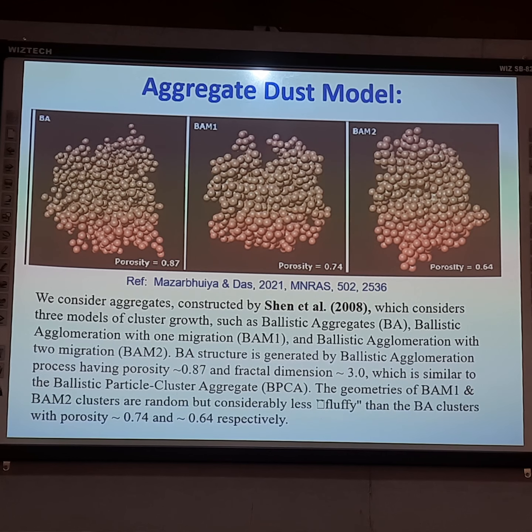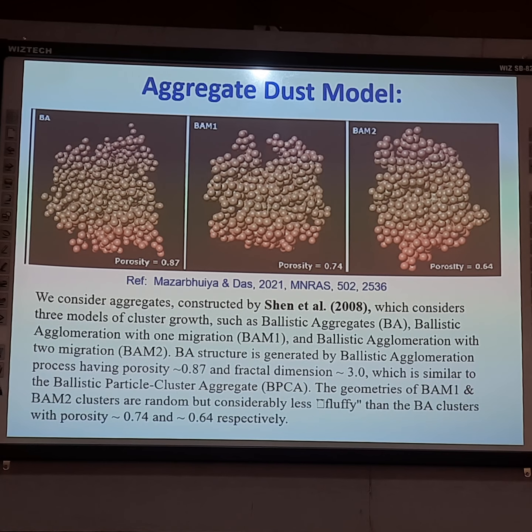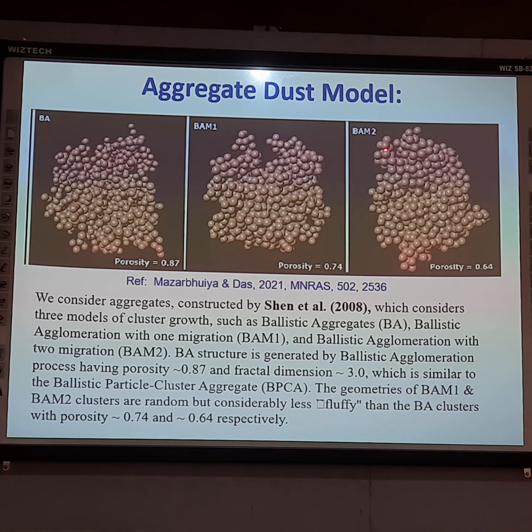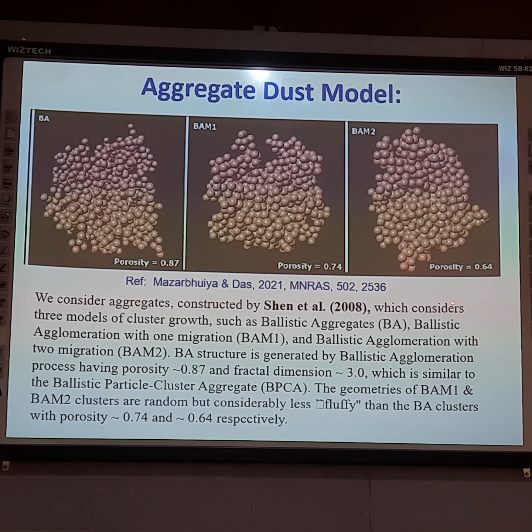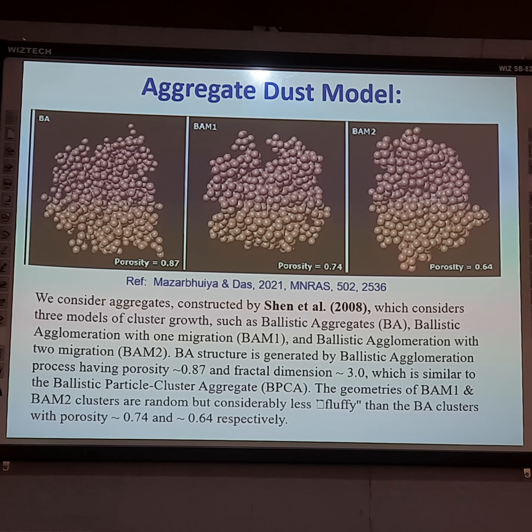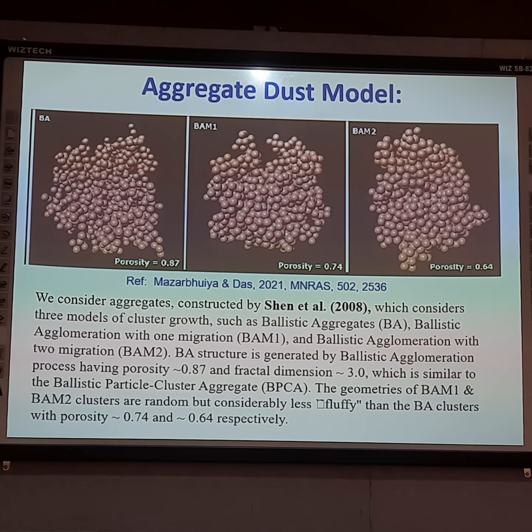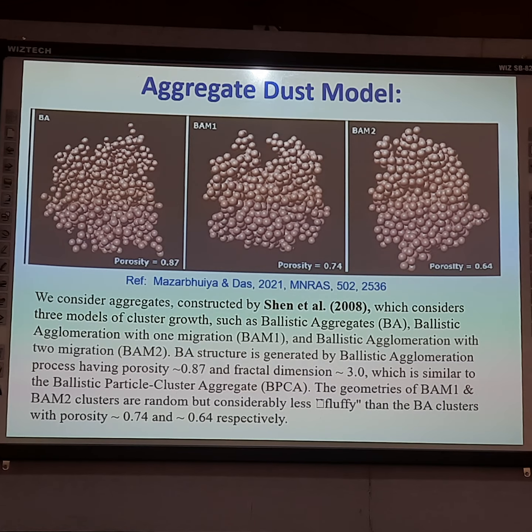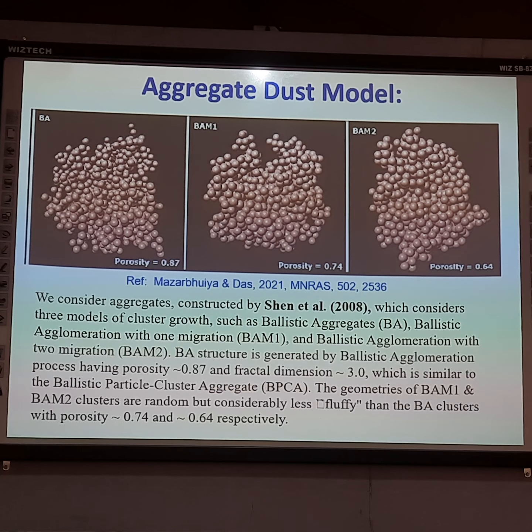The higher the porosity, the higher the fluffiness, and you can see particles are more compact in case of BM2. BM2 is named ballistic agglomeration with one migration, like that. So BM2 particle is more compact than BA particles, and our study is based on how porosity is affecting the Pmax and albedo. That is the objective of our study.